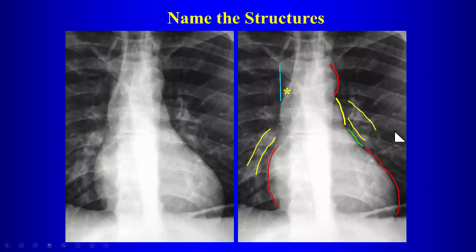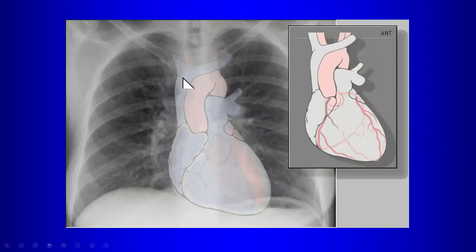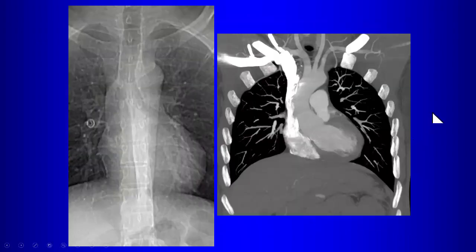So another quick way to find the left atrial appendage is you look at the airway and where the airway ends, right there over the heart shadow, just below that is the region of the left atrial appendage, okay? So here it is with a diagram: superior vena cava, right atrium, aorta, main pulmonary artery, left atrial appendage, and the rest of that border is the left ventricle.